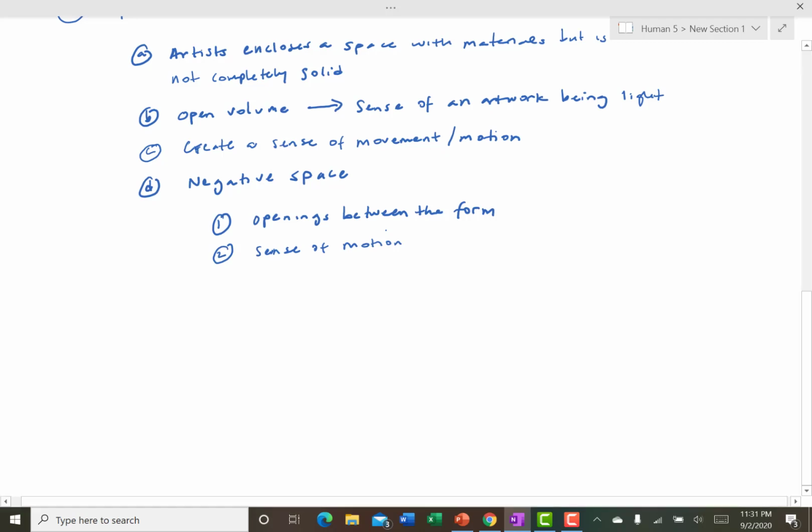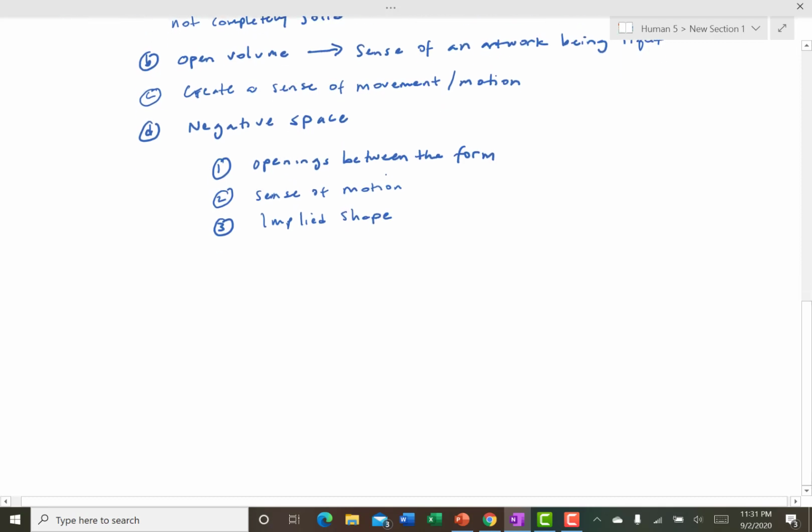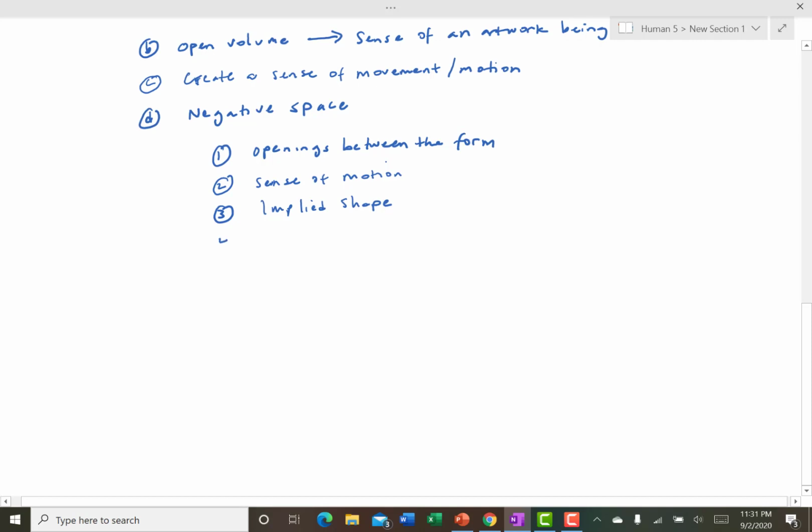So you can play with those negative spaces where there isn't any form, and that can create it. You can also create implied shape with the negative space, or the positive, depending on what they're doing. And it ultimately leaves the work visually open. You have a different sense of art when you can see through it than when it's a solid object, right?